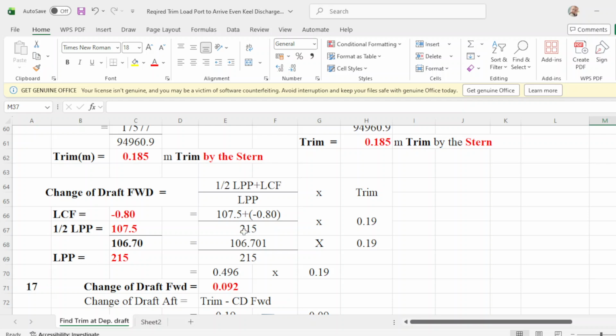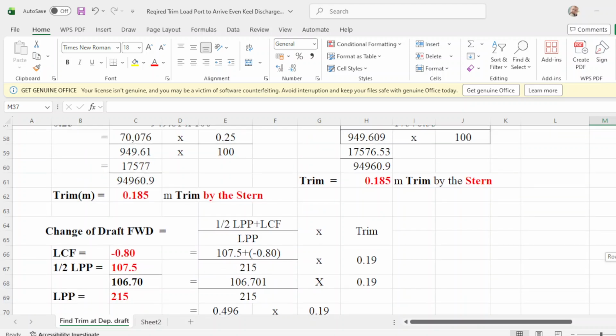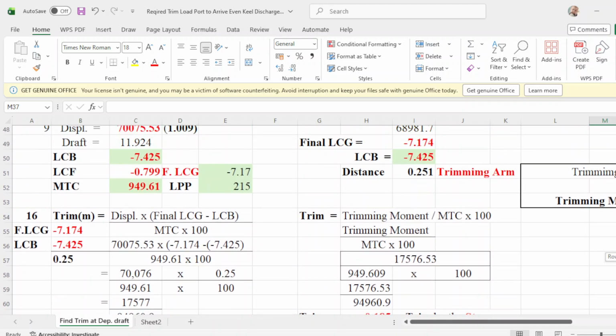And 1/2 of 215 is 107.5. So 1/2 LPP is 107.5 plus your LCF of negative 0.80, which is this one, negative 0.799. Okay, it's already rounded up.